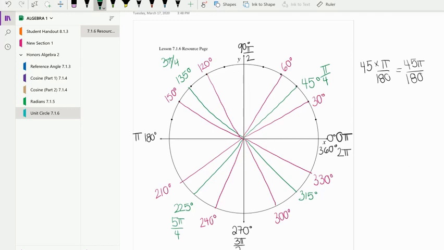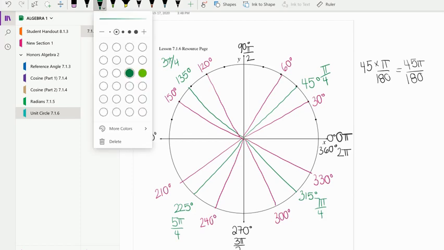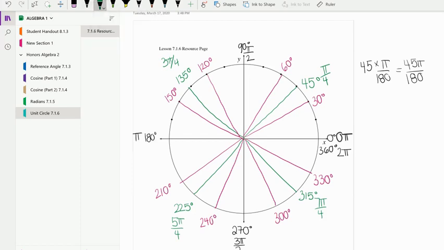And 315 would be 7 pi over 4. So a lot of my students just memorize the fact that the 45-degree angles are every time over 4, and then it goes up 1 pi, 3 pi, 5 pi, 7 pi.